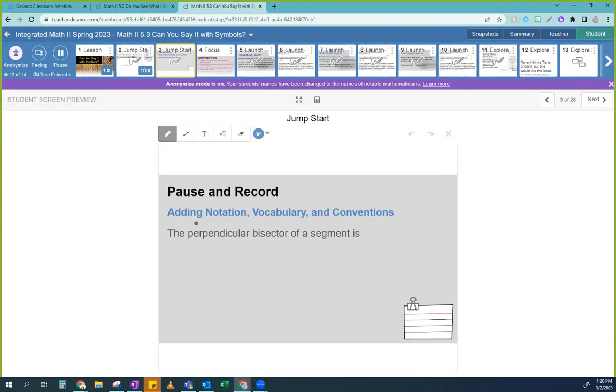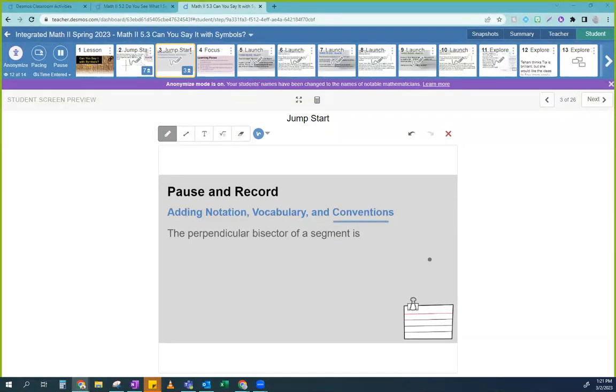So there's going to be notation, there's going to be vocabulary, and there's going to be something called conventions. Do you guys know what a convention is? We use this phrase like it's by convention. Have you guys ever heard that phrase? Oh, not a different kind of convention. Sorry.